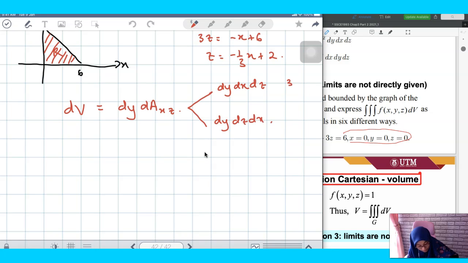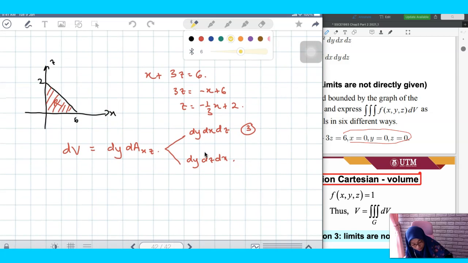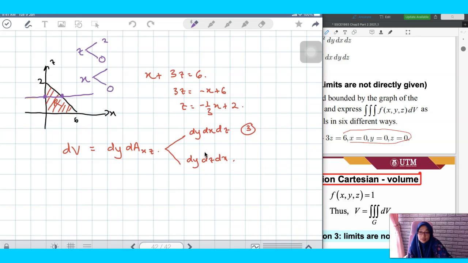Okay, let's say the third one is this one. So we have z constant. When we have z constant, you have a horizontal line. From the horizontal line, you can see that z is lying between 0 and 2. Z is constant. And then how about your x? This is the lower bound of x, and this is the upper bound of x. The lower bound is clearly 0, and the upper bound is coming from the line here.